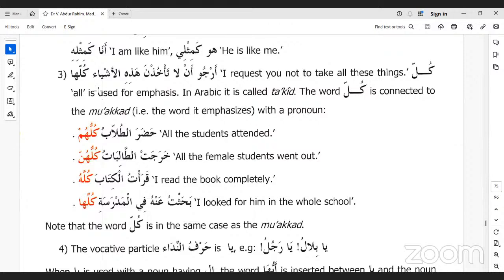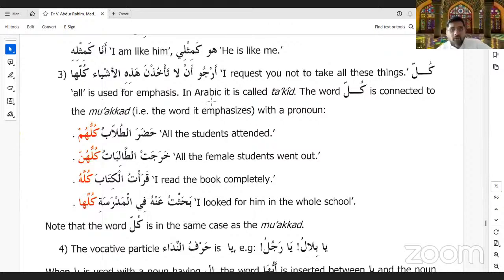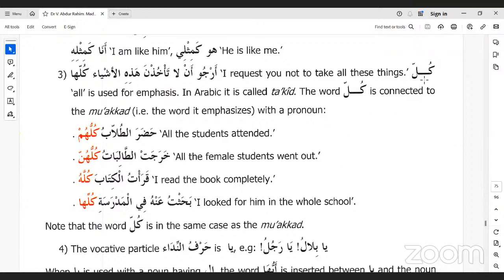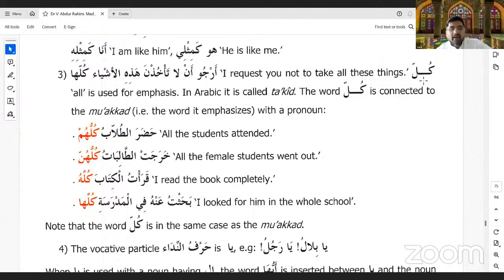The word kul is going to come as a further explanation after an object. For example, arju alla ta'khudna hadihil ashya. I request you not to take these things. So hadihil ashya means these things.